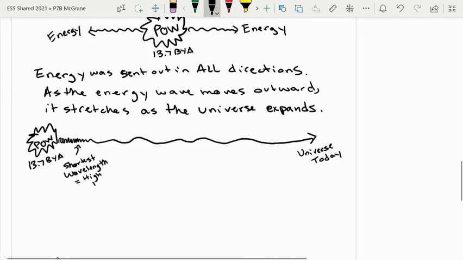So the early universe had incredibly high energy amounts. Universe today, longer wavelengths, comparatively speaking. And so we have lower energy.